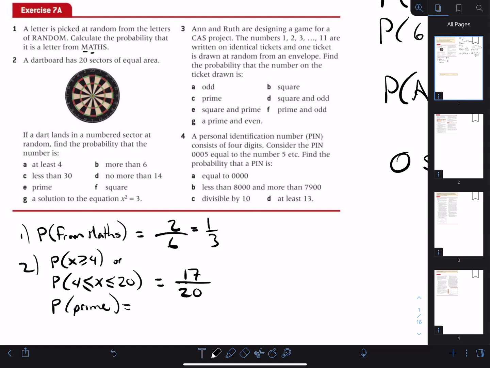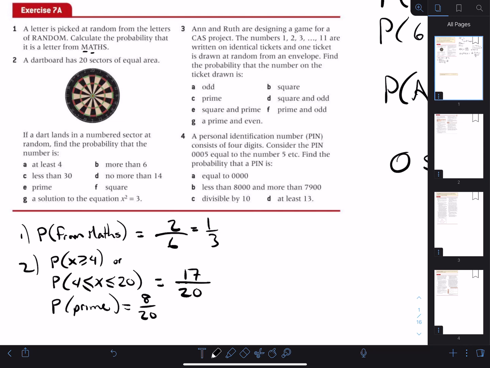It used to be, back in the 1700s, but not now. So that was just a little definition thing. So the prime numbers up to 20 are 2, 3, 5, 7, 11, 13, 17, 19. I think I counted 8 of them there. So 8 out of 20.